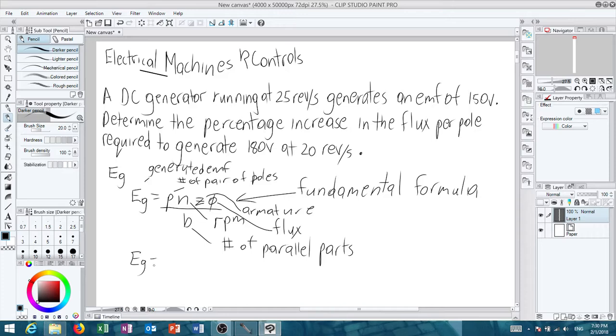So EG is equal to K phi N. The K is used to hold P, Z, and B.